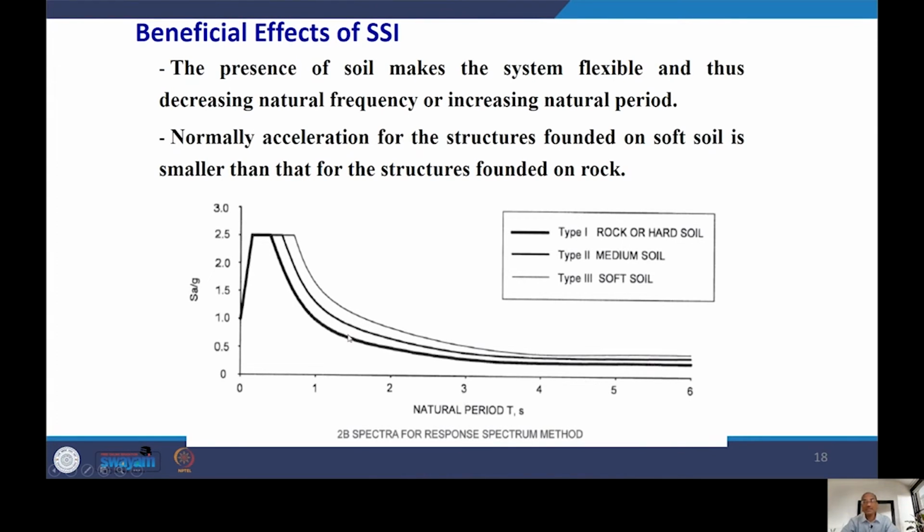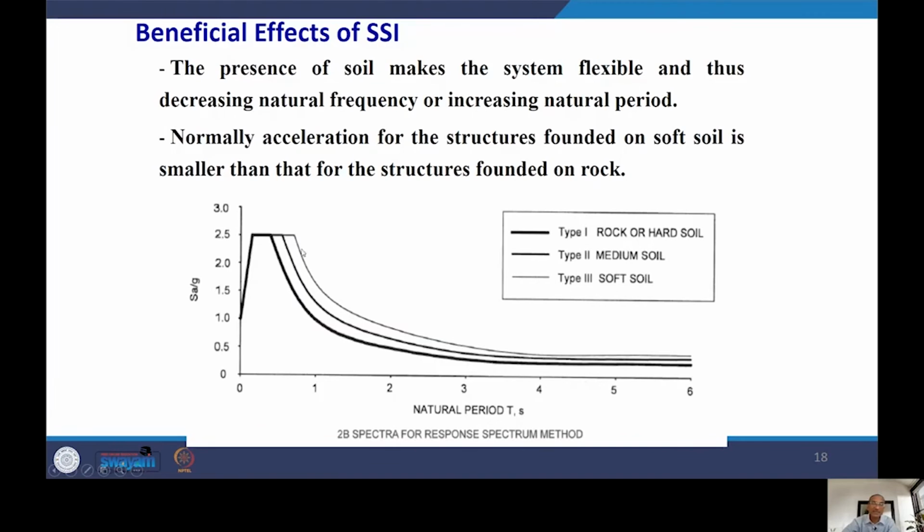After the increase in natural period, you come in this range. Let's say this is the time period equal to 0.4 seconds for rocky sites, but for soft soil it is 0.55 seconds. Let's say the natural period is increasing beyond 0.55 seconds.